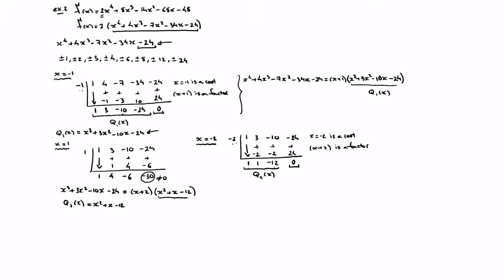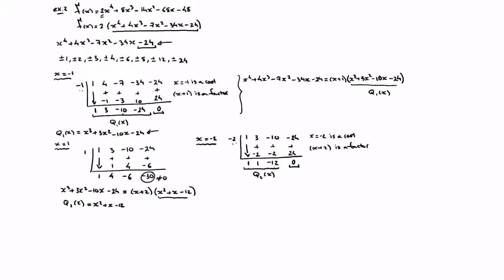Now, of course, we could carry on finding the roots of this quadratic, working through the list, but we'll go much faster by looking at whether or not we can factor this quadratic equation the usual way. In fact, here we could go ahead and split the middle term. So we'd be looking for two numbers which add up to the x coefficient, which is 1, and which, when multiplied, lead to negative 12.